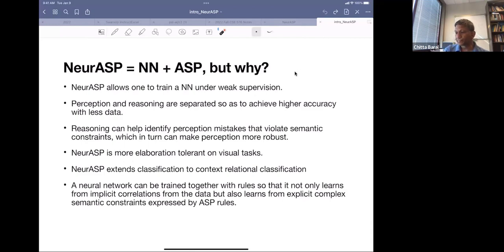The final bullet says a neural network can be trained together with rules so that it not only learns from implicit correlations from the data, but also learns from explicit complex semantic constraints expressed by ASP rules. So you have additional knowledge that you can use in learning. And as you will see in the experiments, this leads to being able to learn from less data.